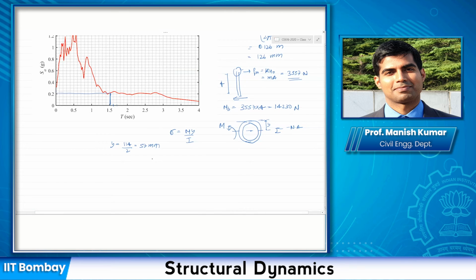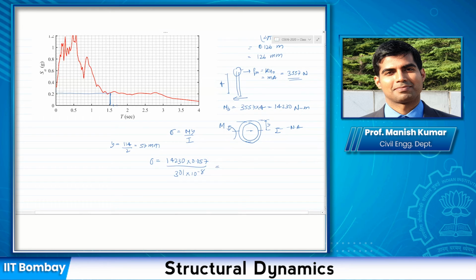So sigma would be, this is Newton meter, 14230 times y. Let us write it in terms of meters, 0.057, and then I have moment of inertia, 10 to the power minus 8.